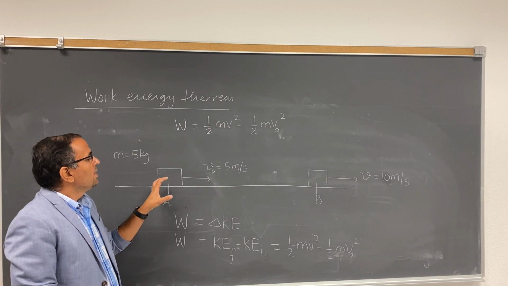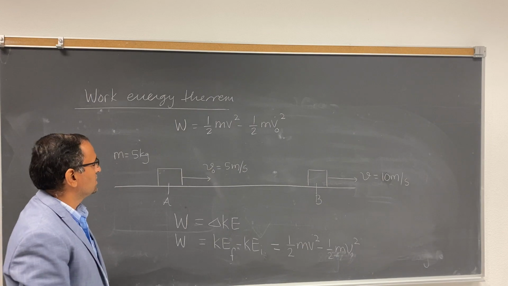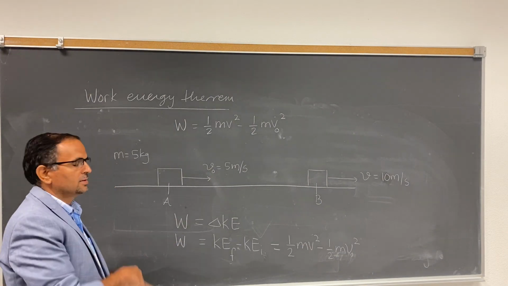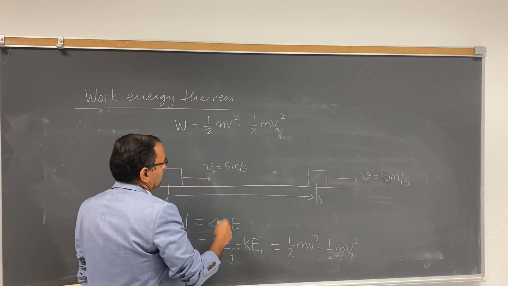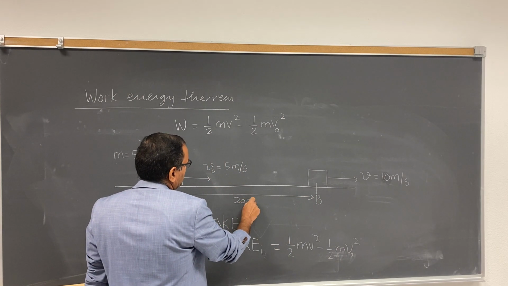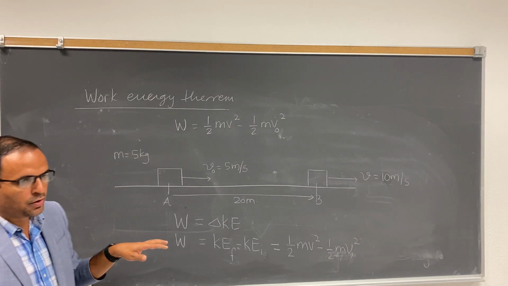So I have the work energy theorem, and this is the second part of this problem. Let us suppose this displacement is again, let's say, 20 meters. First portion, no displacement, no force.